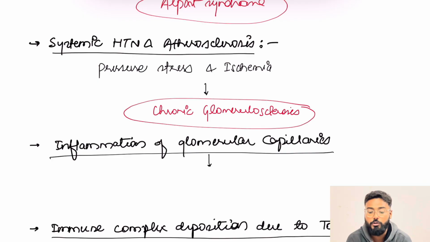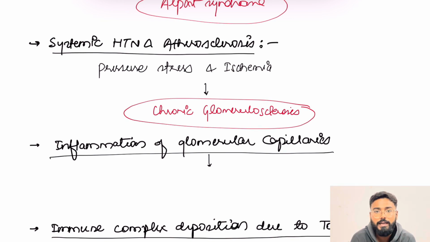Chronic glomerulosclerosis. See how it is going to lead to sclerosis. Whenever the blood flow decreases to any part of your glomerulus, the cells are going to die.